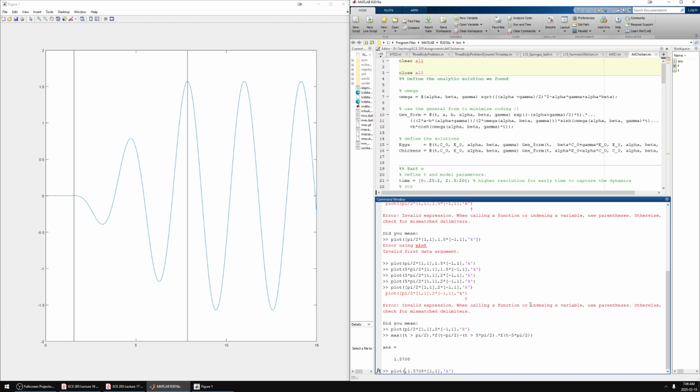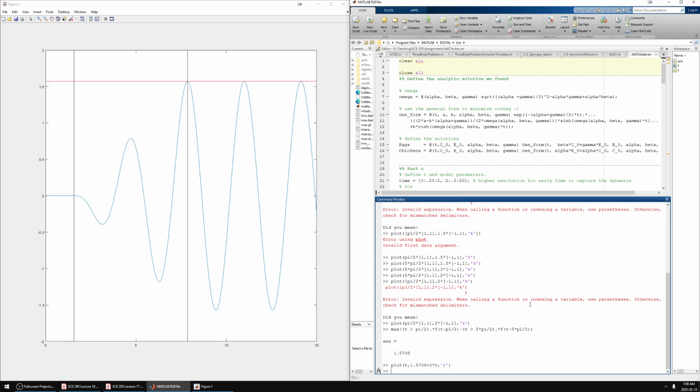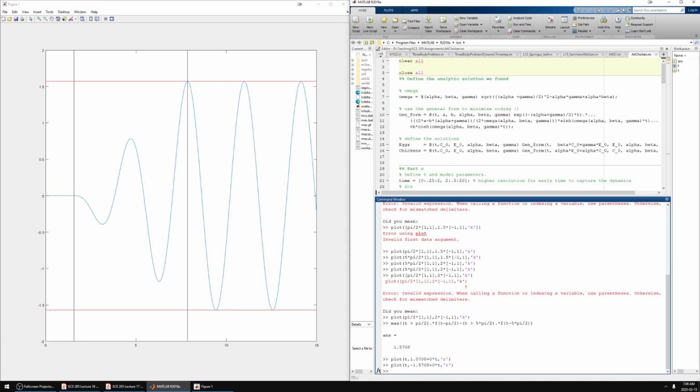So what I want to do is plot a line of that slope, so I can say that plus 0 times t, make it black. Actually, we'll make it red. Yeah, so there I get my top line, and I can plot the bottom line, right? So here you see it has the behavior I expect, and if I really want, I'll do that offline calculation real quick.